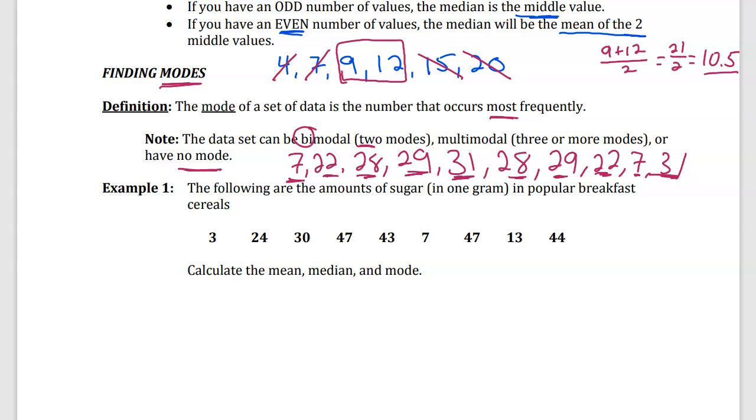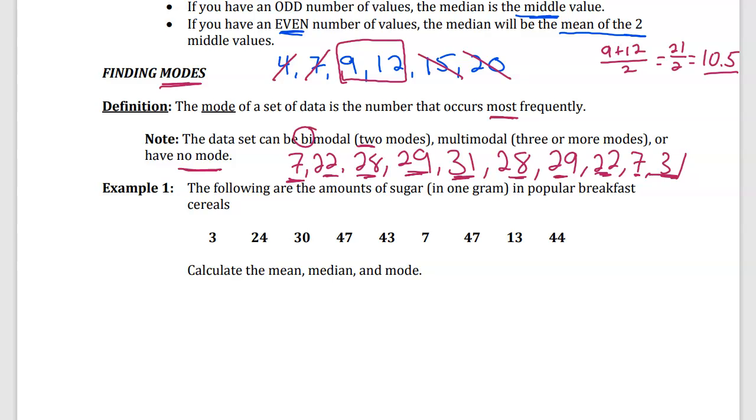That does not mean that all of them are modes. They all now occur the exact same number of times. So now, again, I have no mode. Just because they occur more often or they occur multiple times does not mean that I have a mode. I have to have at least one number that occurs fewer times than the other numbers. If they all occur the same amount of times, I have no mode.